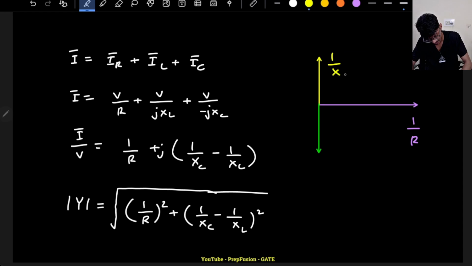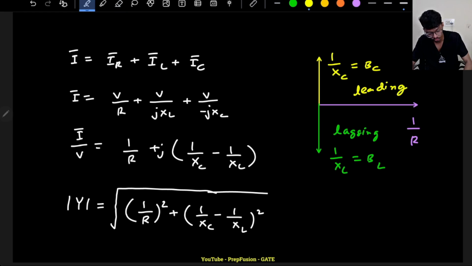This is 1 by XC, or I can write this as BC, the susceptance of the capacitor, or this can be written as 1 by XL, the susceptance of the inductor. Whichever one is bigger will decide the behavior. If 1 by XL is bigger, it will be a lagging circuit, otherwise it will be a leading circuit. If 1 by XC is bigger, it will be a leading circuit. If both of them are the same, that means it is a unity power factor circuit. It will behave as a purely resistive circuit.